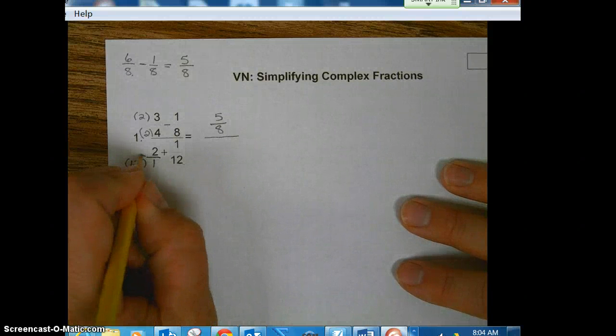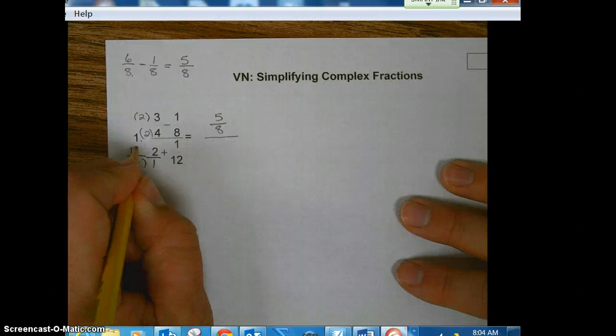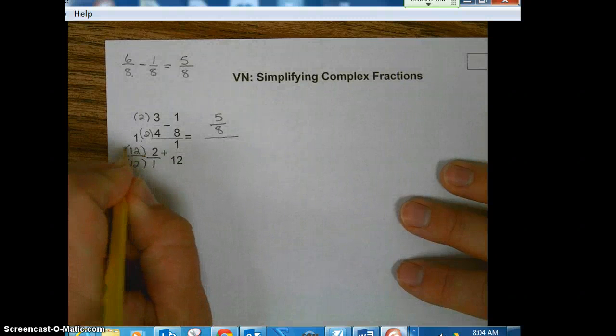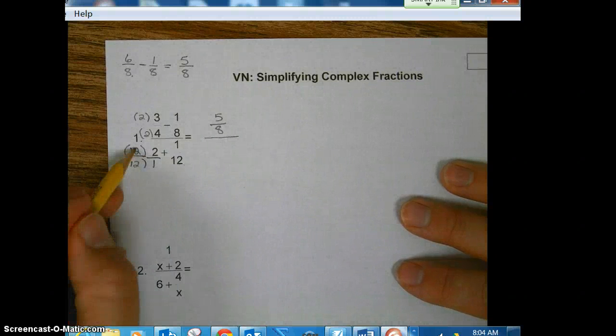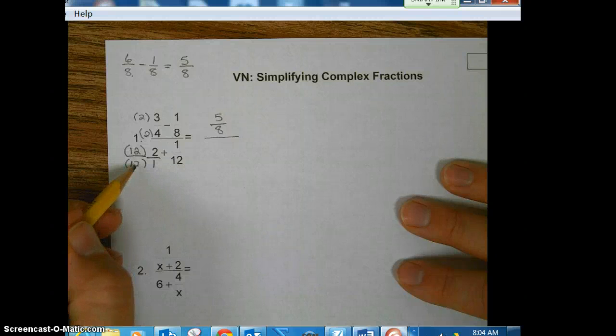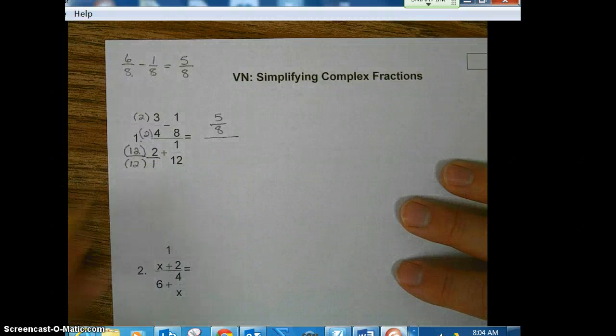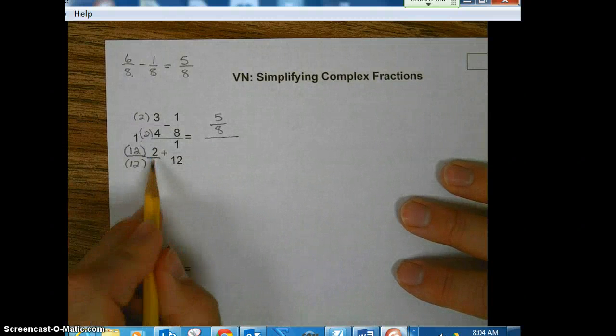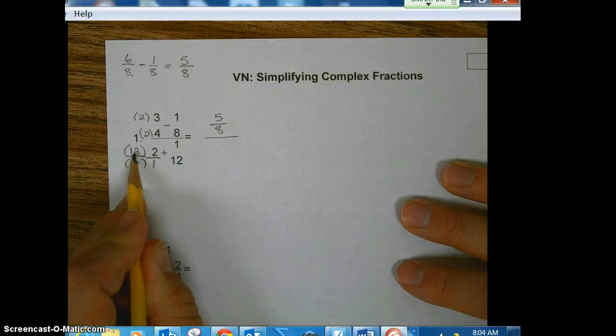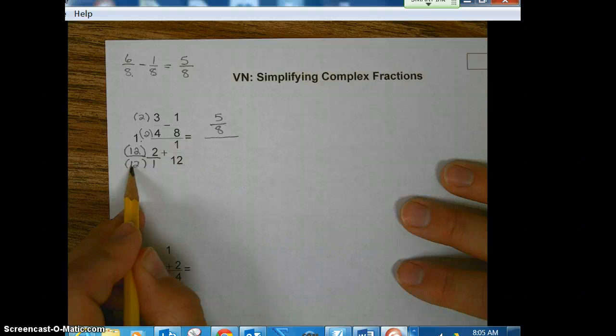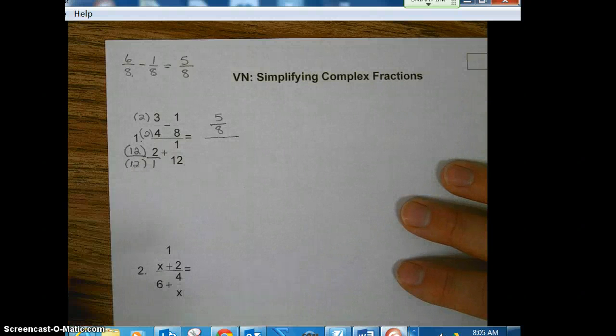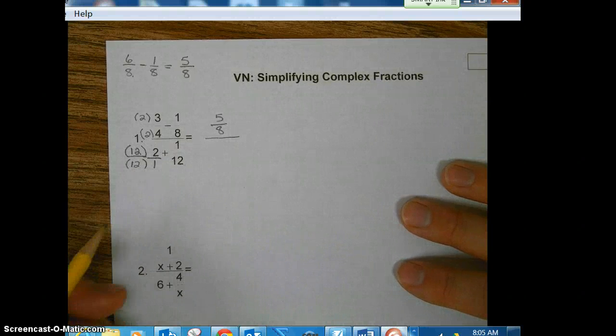And I need to multiply the numerator by 12 as well. Notice 12 divided by 12 is 1, so I'm not changing the value of this number. It's still going to be the same value. 2 divided by 1 is 2, and 2 times 12 is 24. 24 divided by 12 is also 2, so it's the same number, just a different format.